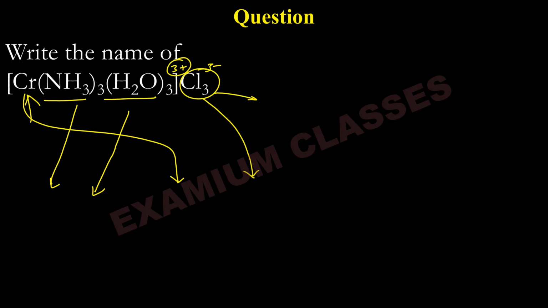NH3 is ammine with a double M. Kartikeya, you have 3 water molecules. You have written the oxidation state, I think that is wrong, the rest is correct. Yes, correct.